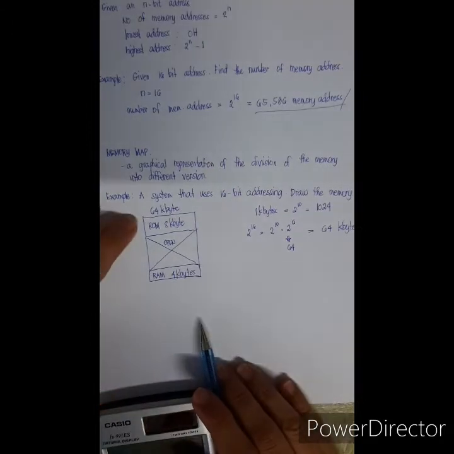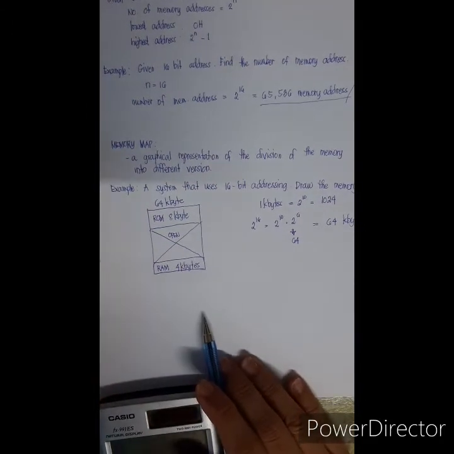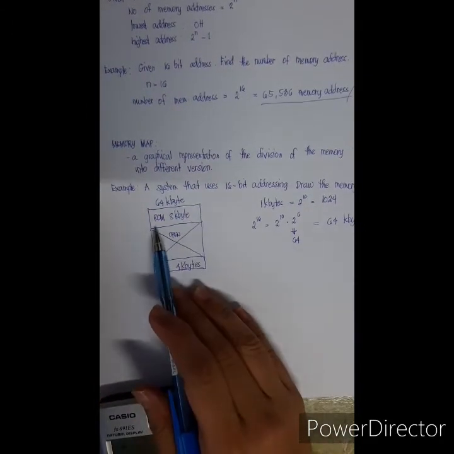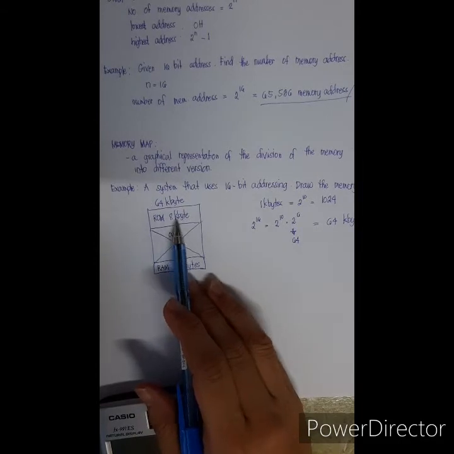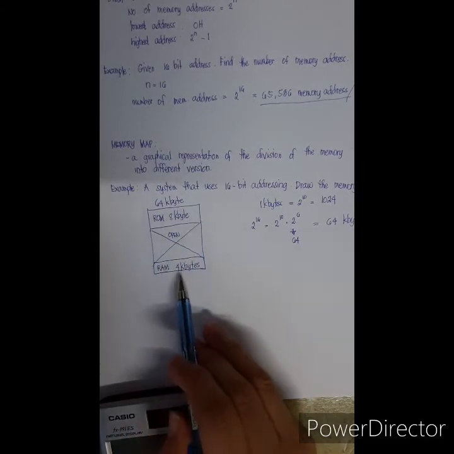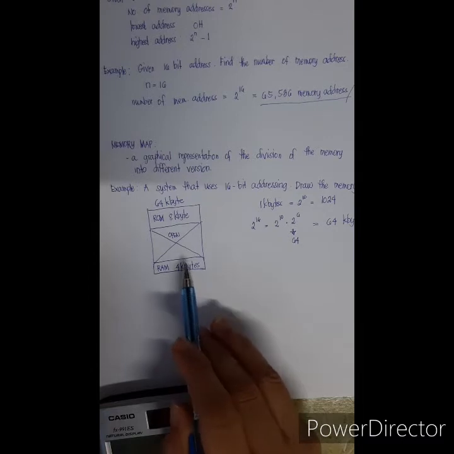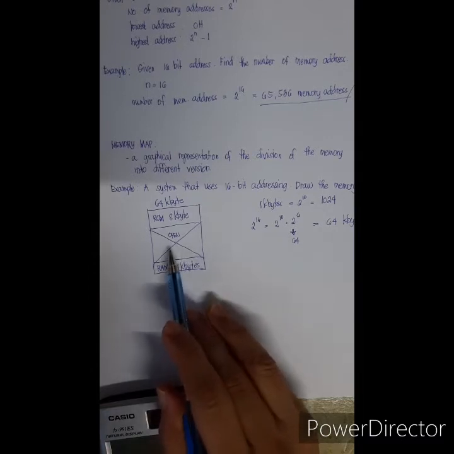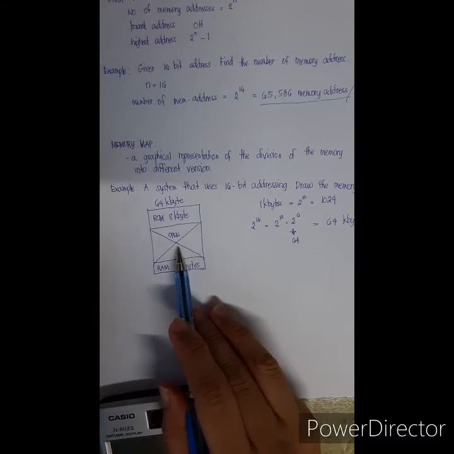So, understood? At that point, if ROM is divided as 8 kilobytes and RAM is divided as 4 kilobytes, how many would be the open memory?